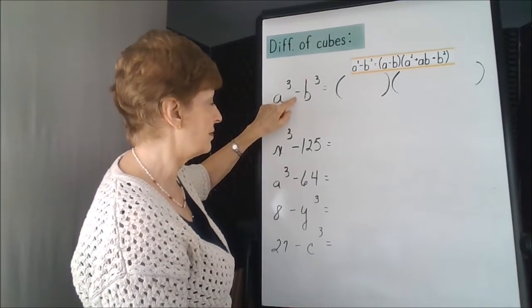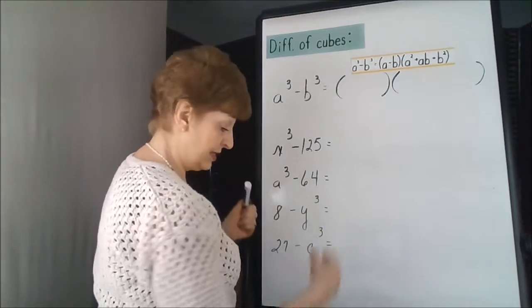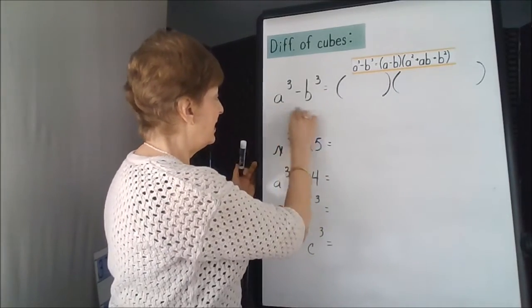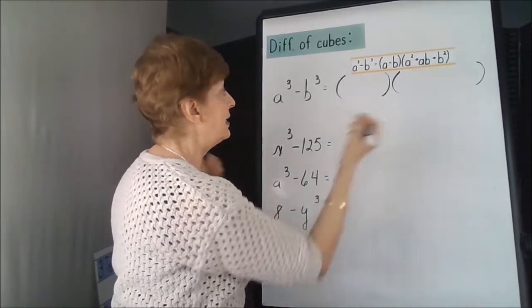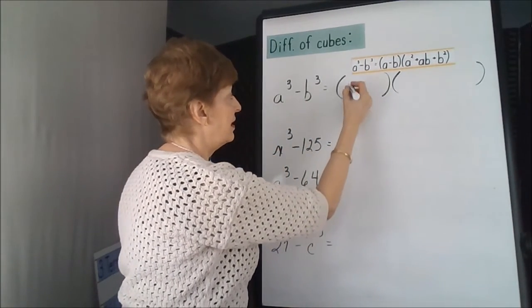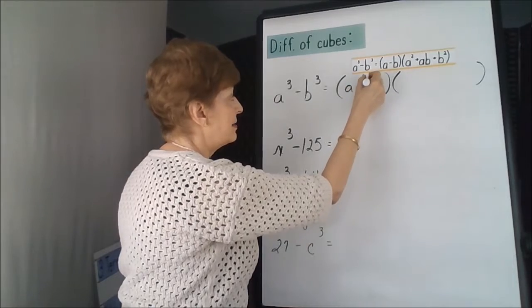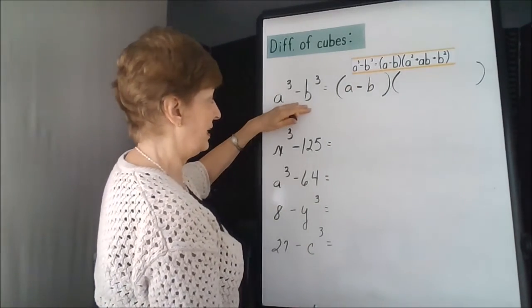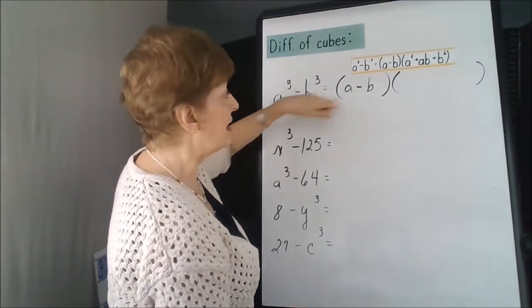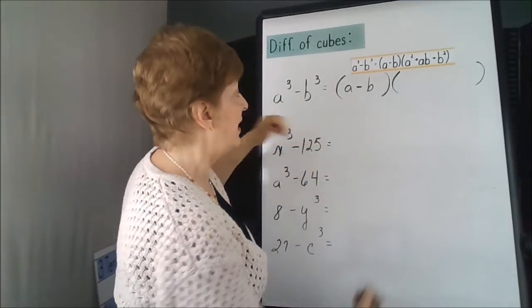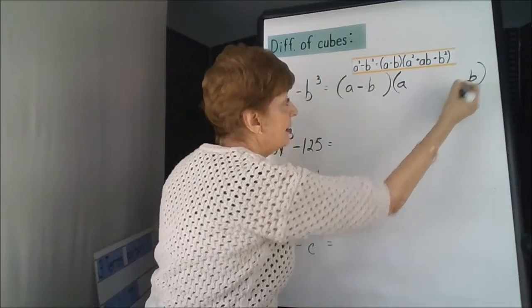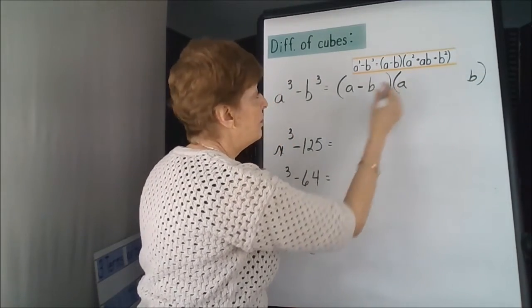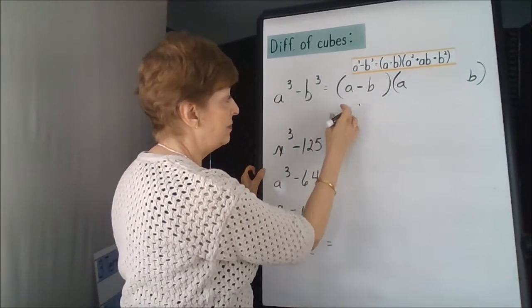It's a subtraction. The very first position takes just the letters, the A and the B, into the first parenthesis. So it's A minus B. It's copied, for pity's sakes. Then we're going to come over to this one, and we're going to have the A and the B in the same order, but we've already taken one of the A's and B's out.